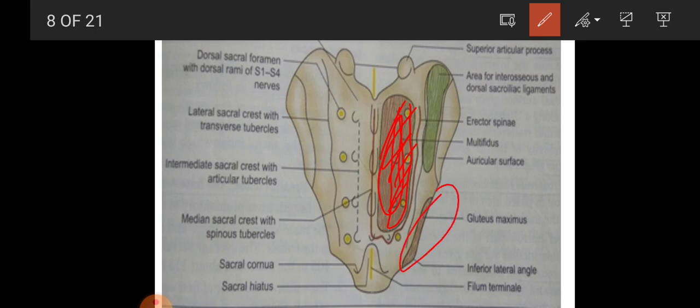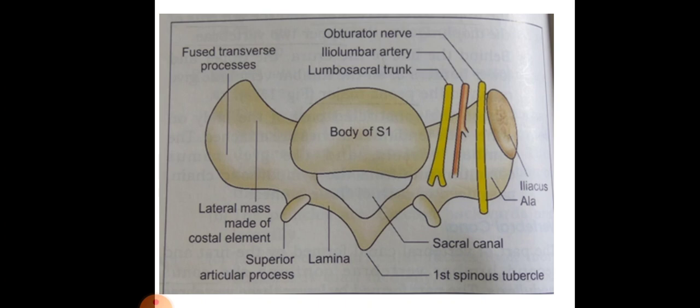Then the dorsal sacral foramina give passage to the dorsal rami of S1, S2, S3, S4 nerves. The S5 nerve passes through the sacral hiatus. So these are the attachments on the posterior surface.